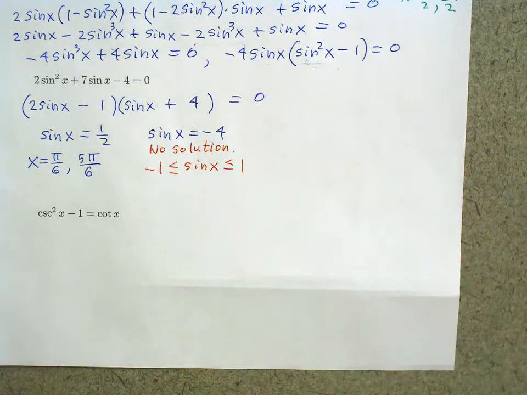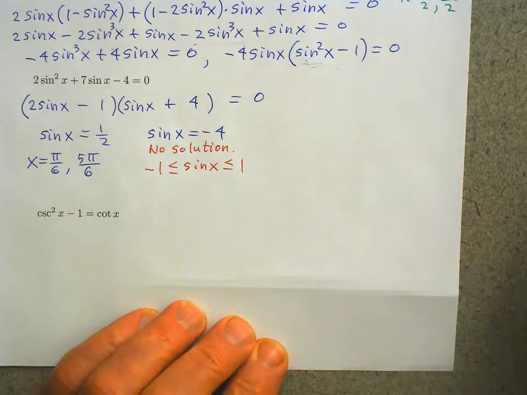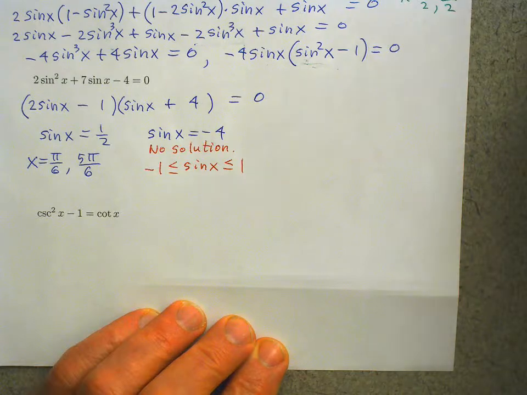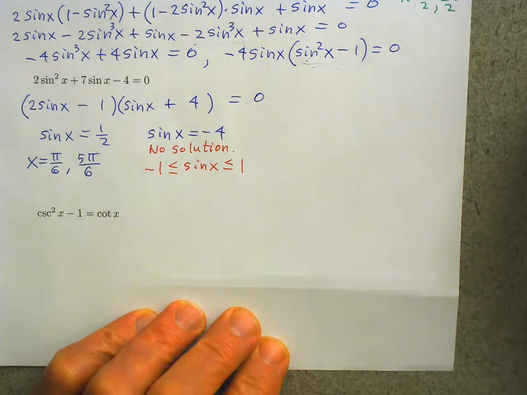Okay, the next problem, next equation to solve. Cosecant of x squared minus 1 equals cotangent of x. So we can use a Pythagorean identity to help.